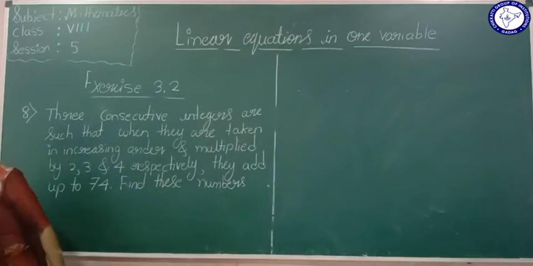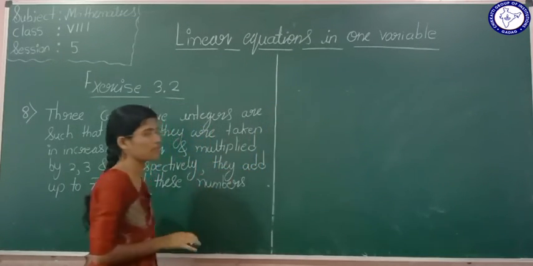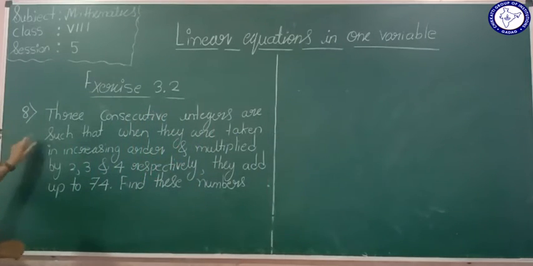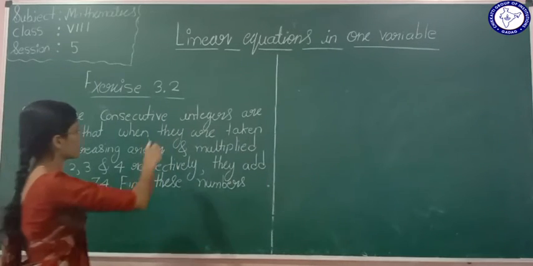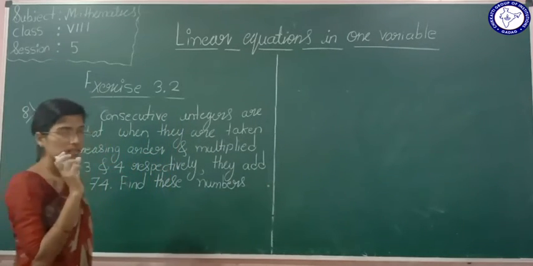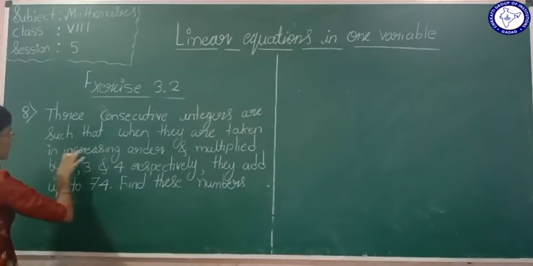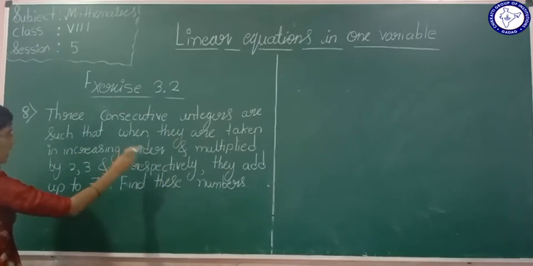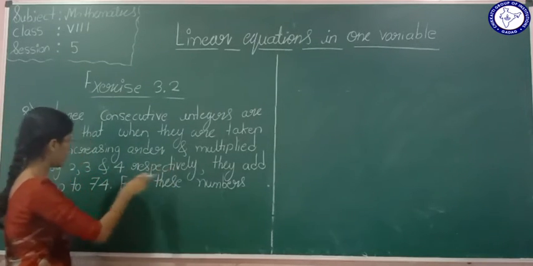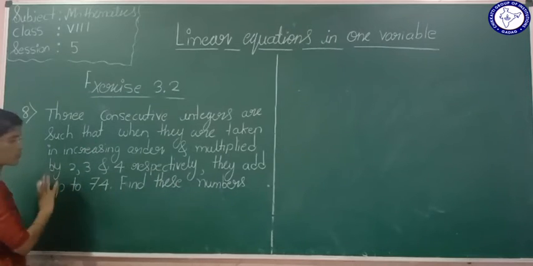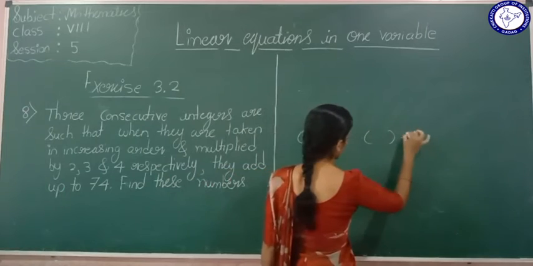Now see students, same question but the condition they have given is different. 3 consecutive integers are such that, we have to take 3 consecutive integers. When they are taken in increasing order and multiplied by 2, 3 and 4 respectively, they add up to 74.